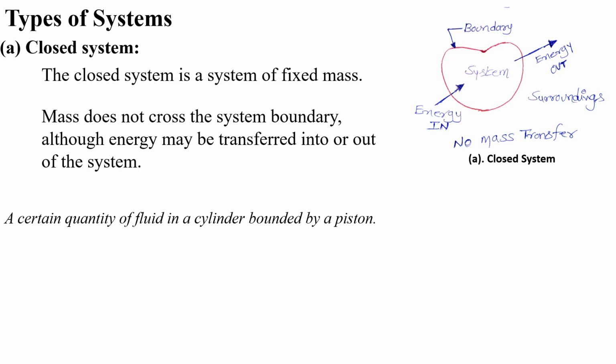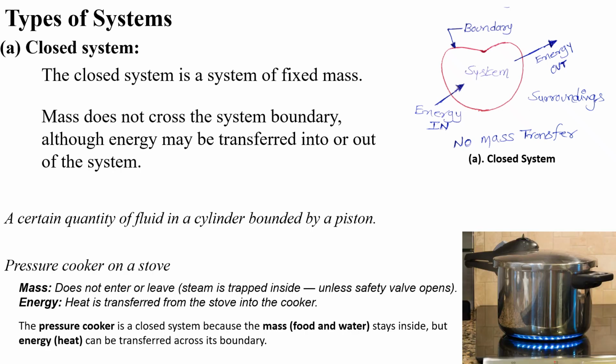And let's see some examples of the closed system. First one is a certain quantity of fluid in a cylinder bounded by a piston. Another example is a pressure cooker on a stove. In this example, mass does not enter or leave, and energy, that is heat, is transferred from the stove into the cooker.